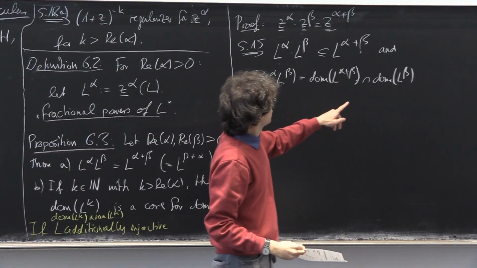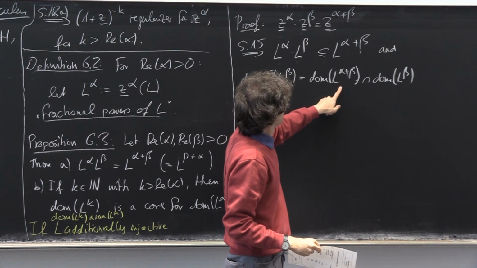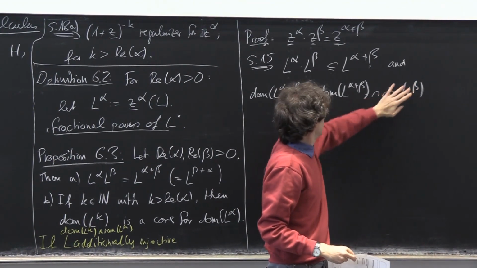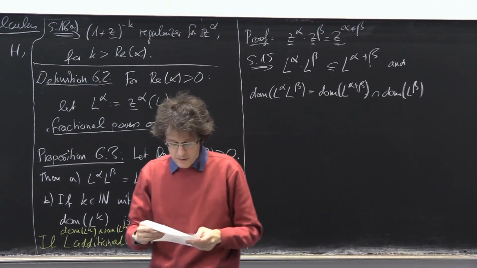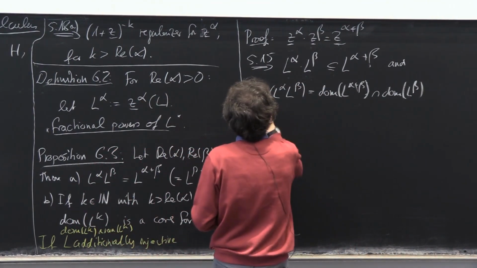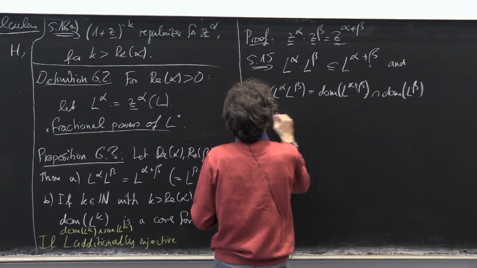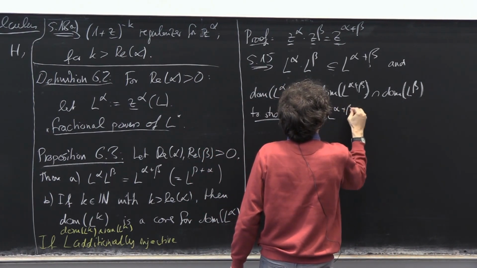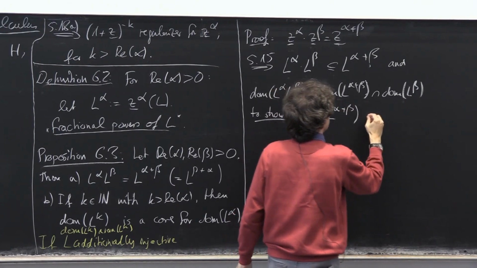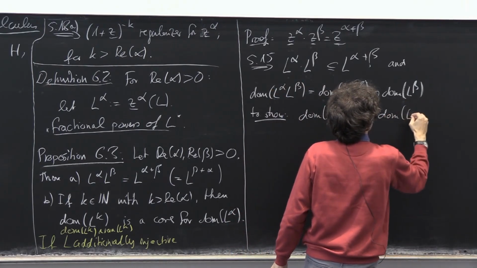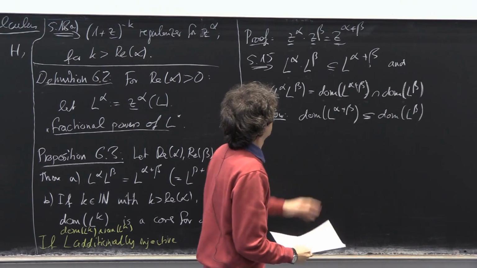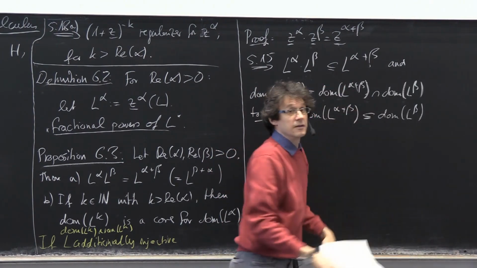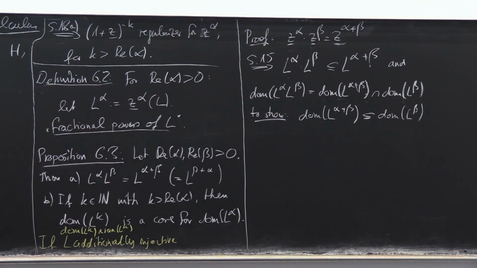And we get the other inclusion if we can show that this domain of the L to the alpha plus beta is contained in this one, because then we can leave this out of the intersection and we get equality. And so the aim is now to show that the domain of L to the alpha plus beta is contained in this one, so that this intersection in fact is only the first one, and then you have equality of domains here, and then these two operators are equal.